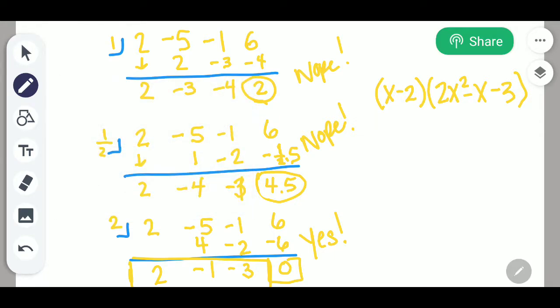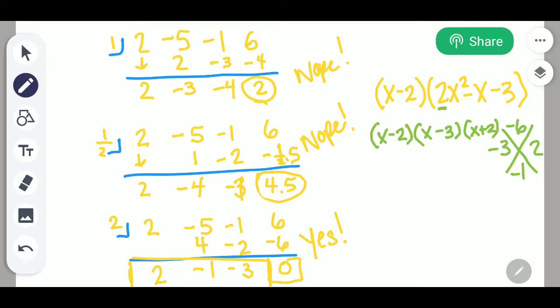So for those of you, we kind of talked about in class on Monday, the x factor. A times c, negative 6, b, negative 1. What multiplies to make negative 6 and sums to negative 1, right? So we still have our x minus 2, and now we have x minus 3, x plus 2.